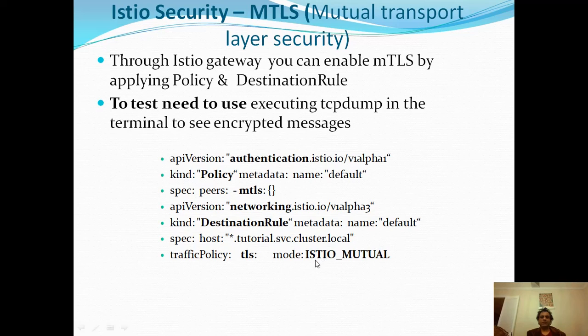And in the destination rule, you specify the traffic policy TLS and mode is ISTIO_MUTUAL. So that means between one pod and another pod, the communication is happening through Istio mutual and through MTLS. So mutual transport layer security. How do you test it? To test these things, we will be using tcpdump in the terminal to see the encrypted message.